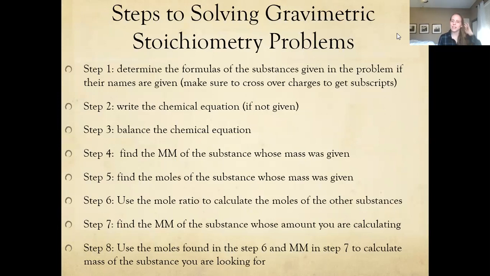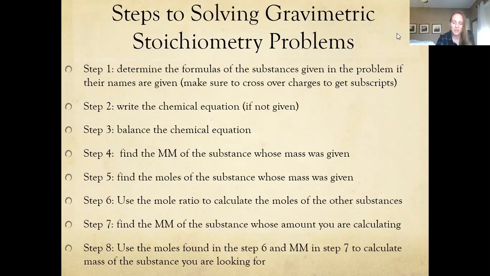That's always the middle step of all stoichiometry problems: find the moles of whatever you were given information about. You then use the mole ratio to find the moles of the substance you're being asked about. And then if you're being asked for the mass of that substance, you're going to have to find its molar mass to use your moles equals mass over molar mass formula to find mass.